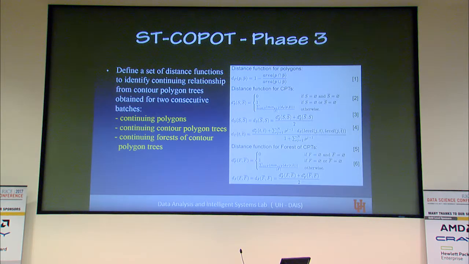All the other distance functions are extended from this one, so they all have a range between 0 and 1. If it's 1, there's no overlap at all, which means the spatial cluster disappears in the next batch. If it's 0, it means it's the same. We set some threshold, like 0.3 or 0.4. If the overlap is really high, it means the cluster continues and still exists in the next time window.